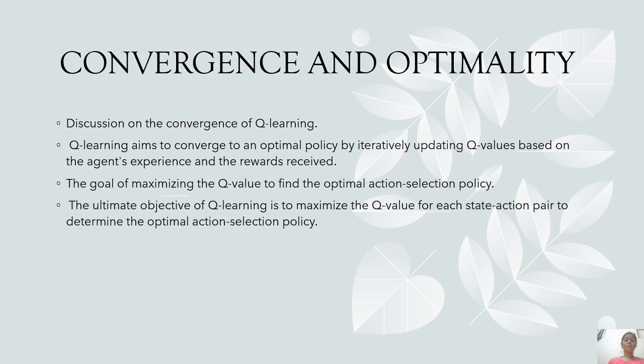The goal of maximizing the Q value to find the optimal action selection policy. The ultimate objective of Q-learning is to maximize the Q value for each state-action pair to determine the optimal action selection policy.